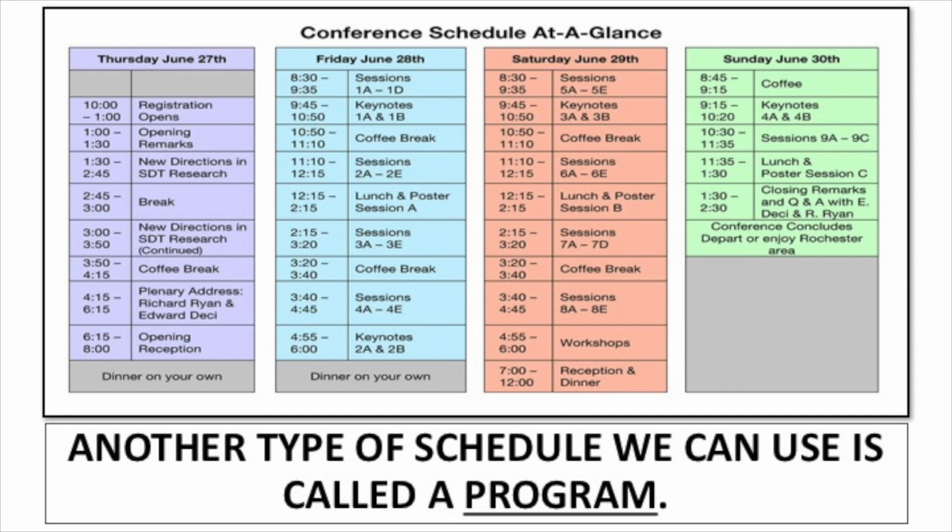So sometimes a program is like a collection of timetables, because there's a timetable for Thursday, and then one for Friday, another one for Saturday, and another one for Sunday. If it was just one, Thursday, that would be timetable. But because there's a lot of them, we call that a program.